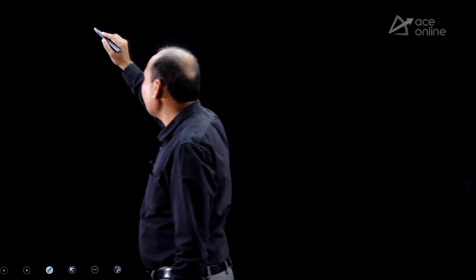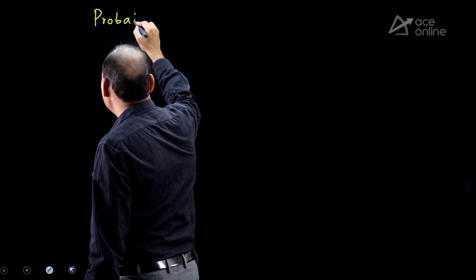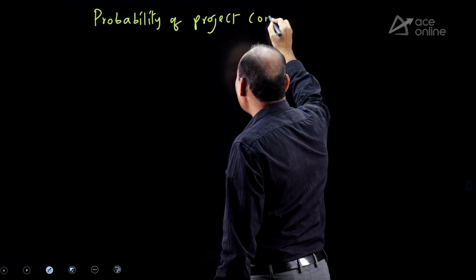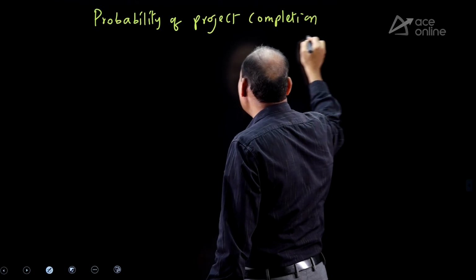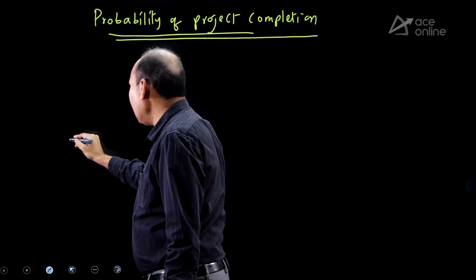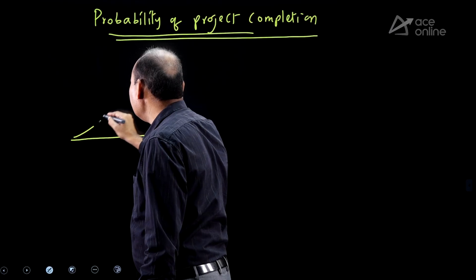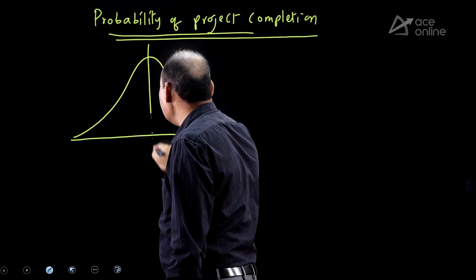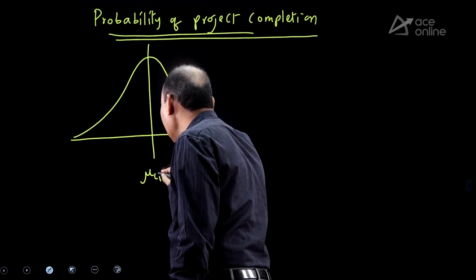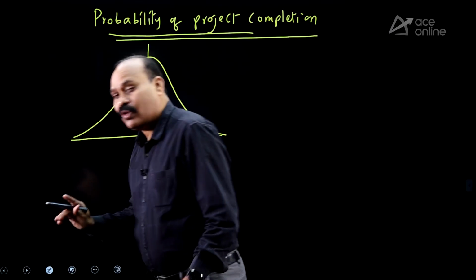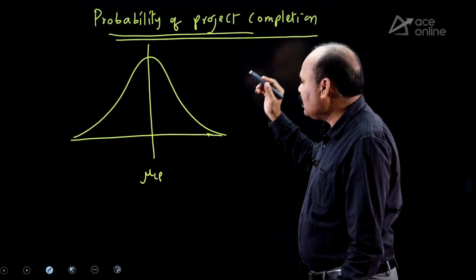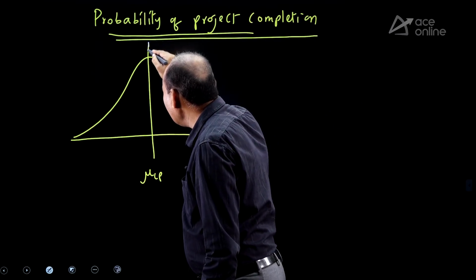Next, probability calculations. When you are finding the probability of project completion, just try to understand the concept here. We use the normal distribution. The project duration distribution is a normal distribution. The center line is mu CP. My suggestion is that the critical path is a reference. Suppose the x value matches the critical path.